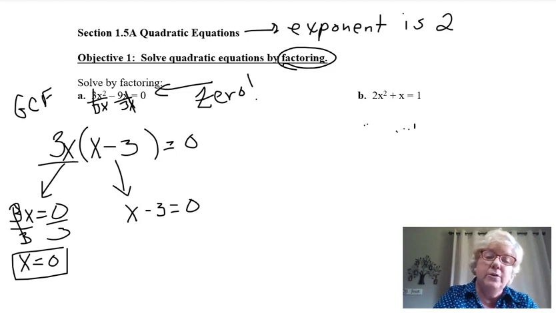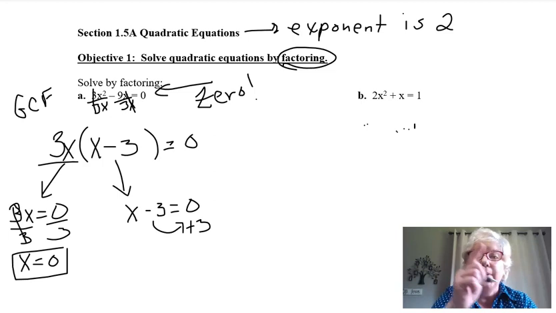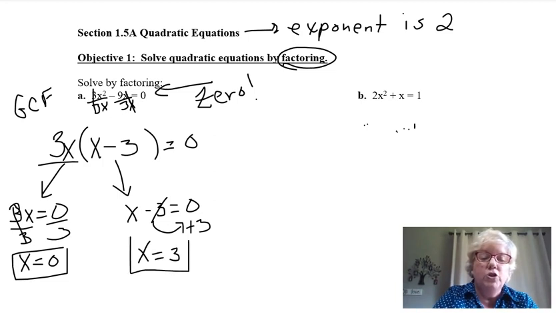On this one, I need to move the -3 over and make it become a +3. Remember, when you move that term over, you're really adding and subtracting. You have to change the sign. So x is equal to +3. You will not just get one answer, but 2 answers with quadratic equations. That exponent of 2, from the fundamental theorem of algebra, tells us that there are 2 solutions.